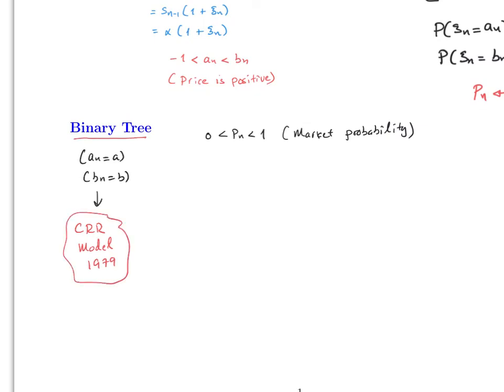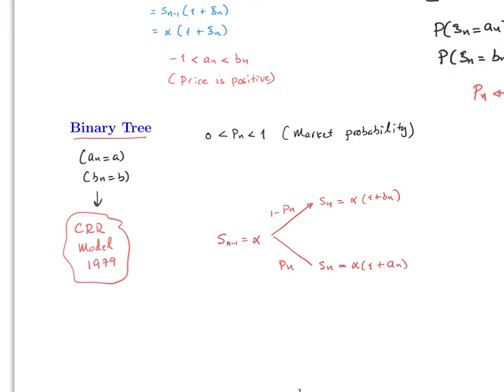Okay. So if we start with the value for S_(n-1), then the value tomorrow could be S_n with the probability of this, or it could go down to this one, where in this case this will be alpha, which remember is S_(n-1) times 1 plus b_n, or alpha times 1 plus a_n.